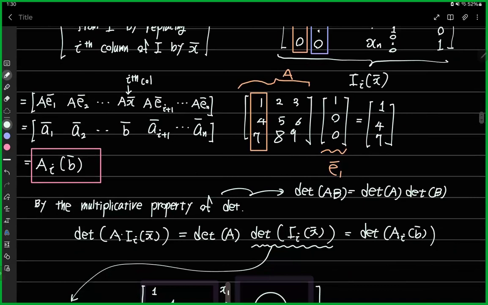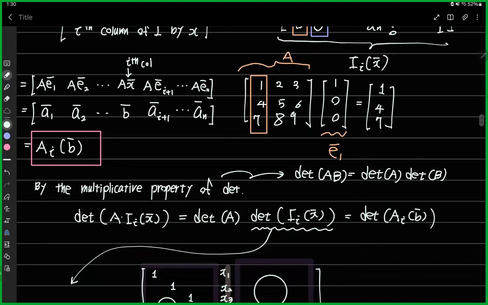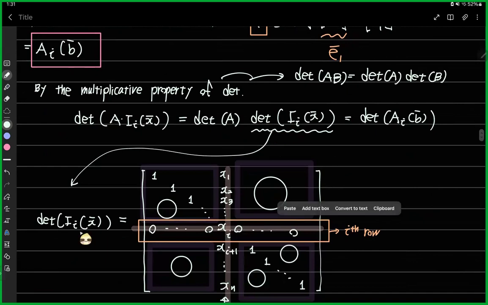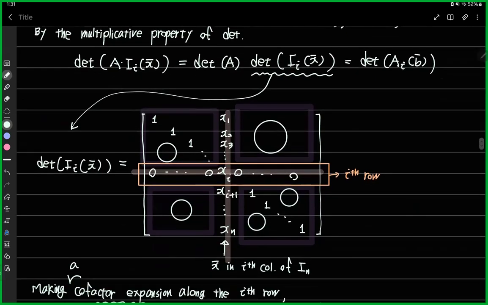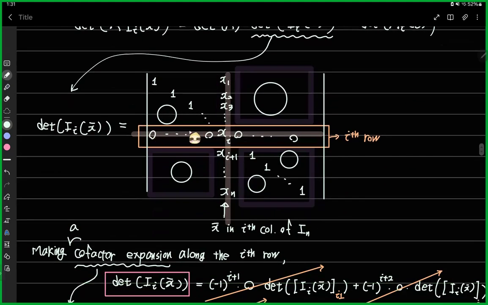Now using the multiplicative property of determinant, the determinant of this one we can separate as a product of two determinants, the determinant of A and the determinant of I sub I. And this should be equal to the determinant of A sub I of B. And then what is the determinant of I sub I of x? This is the determinant of this one. Sorry, it should be just a vertical line, not the bracket. And then we choose the ith row to make a cofactor expansion.